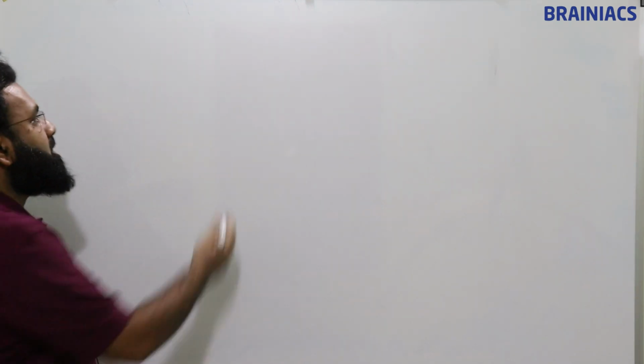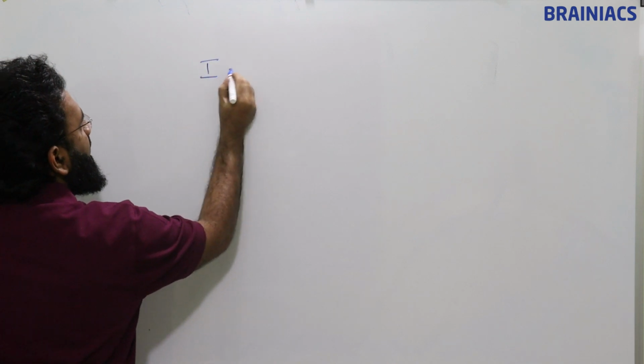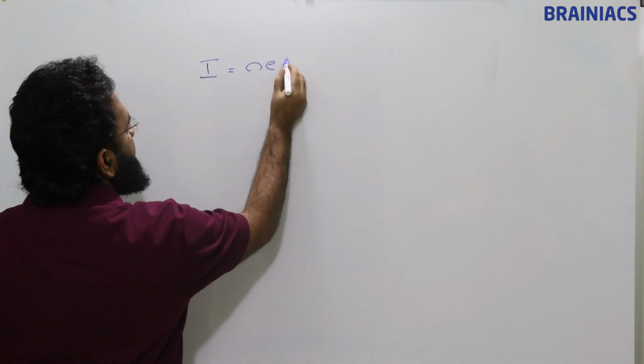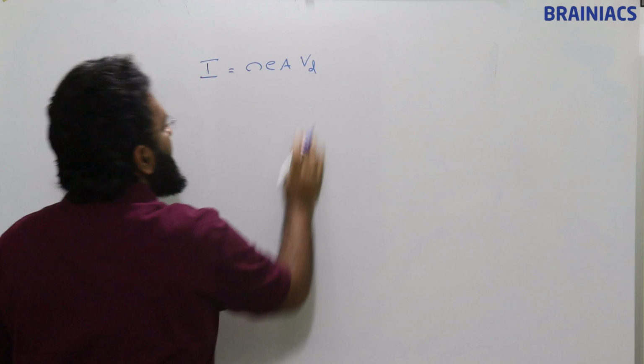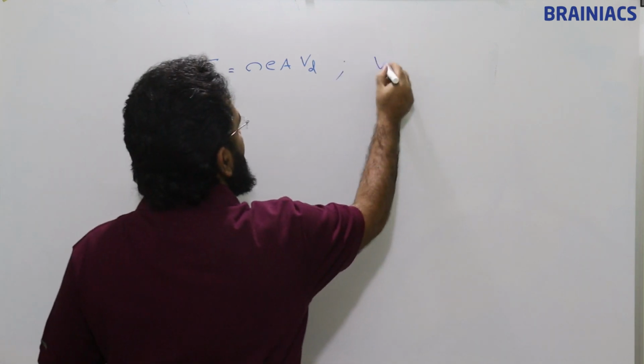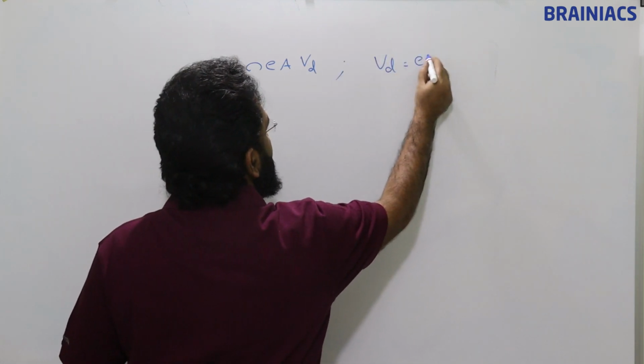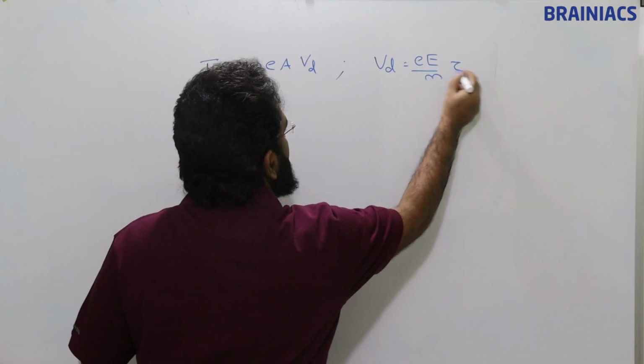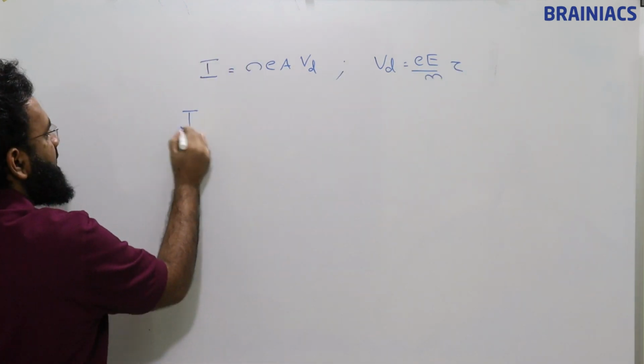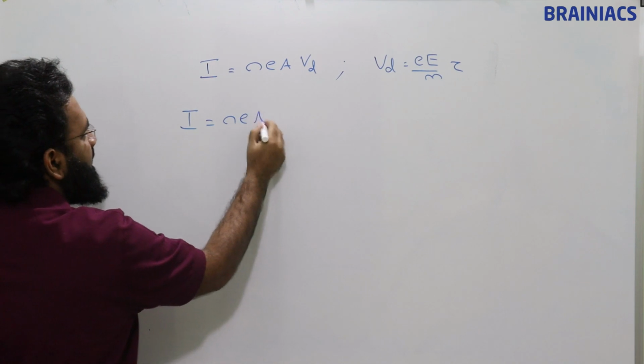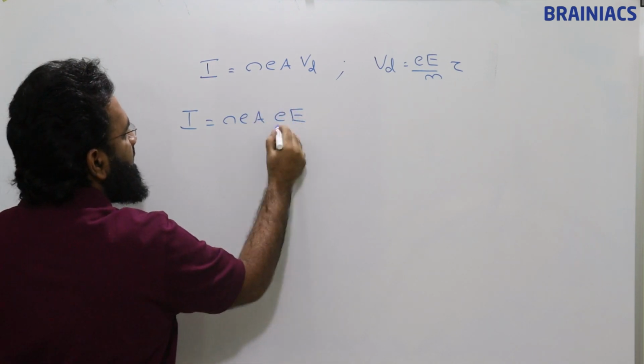Again, coming back to the same equation, I is equal to nEA v_d. Here for v_d we substitute eEτ by m. So I is equal to nEA times eEτ divided by m.